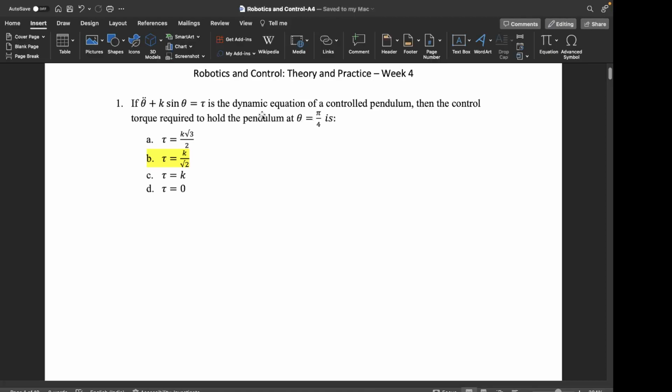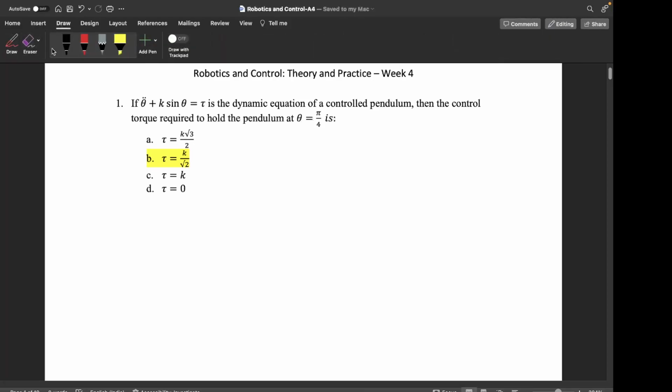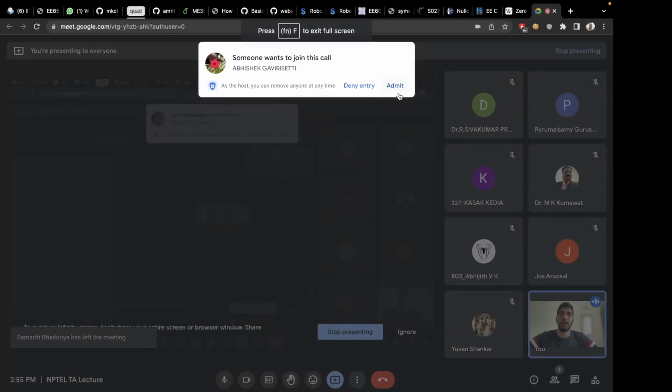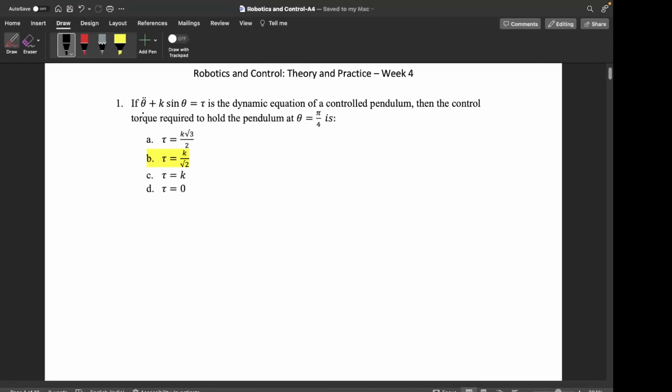So for this question, even if you are not very familiar with all the theoretical background of control, you can find the answer basically from common sense. If you are holding the pendulum at a certain angle, then obviously its acceleration would be 0, right? So theta double dot would be 0, and theta is given as pi by 4.